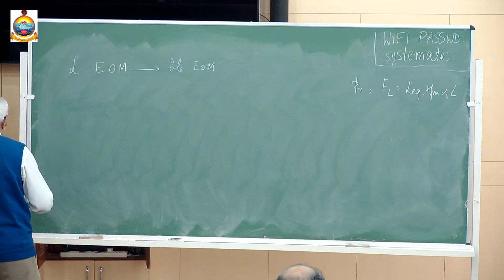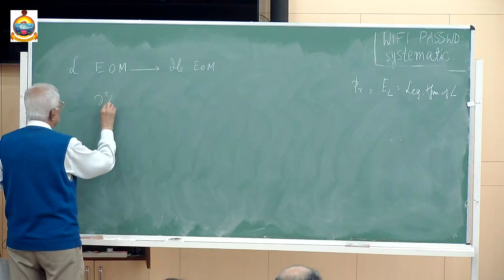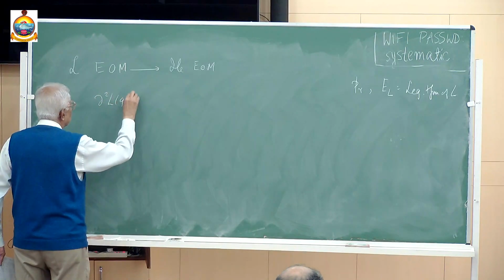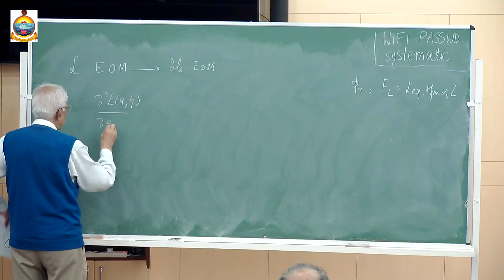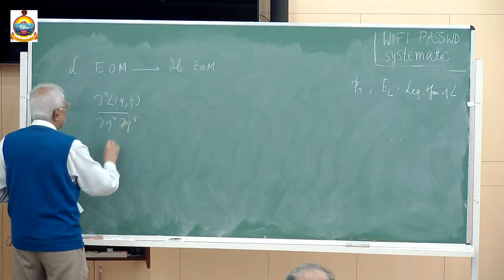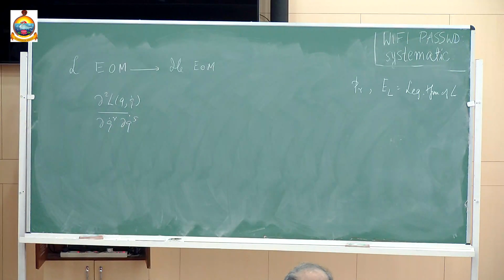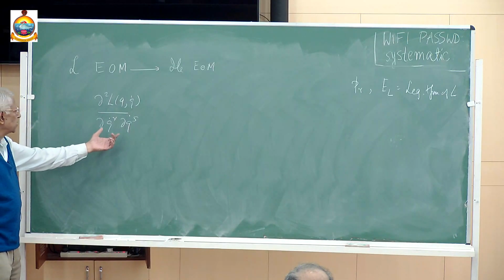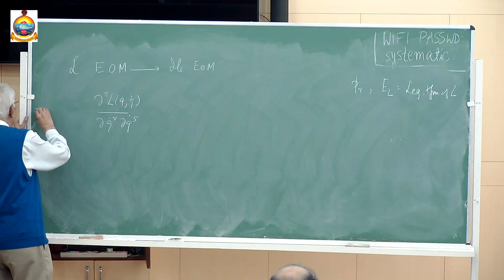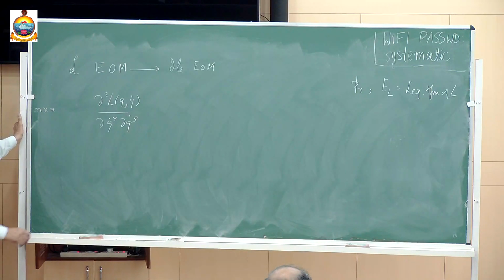Now, in all non-relativistic systems, the Lagrangian obeys a very interesting, very useful condition. The second derivatives of the Lagrangian with respect to the generalized velocities form a real symmetric matrix of dimension n, n being the number of degrees of freedom.